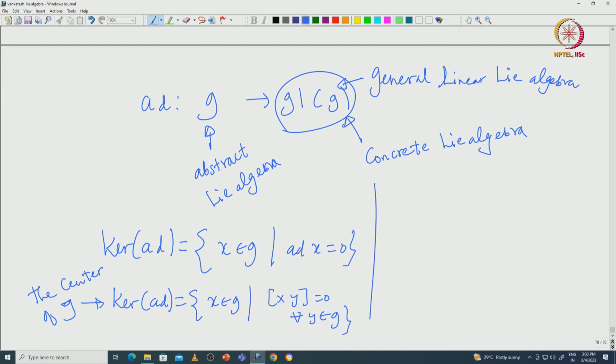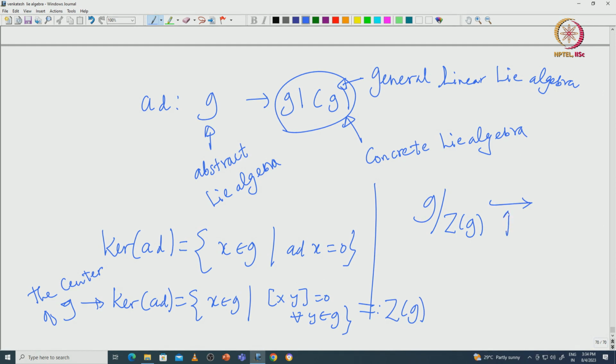And what one can prove immediately using the first isomorphism theorem is this: G modulo the center, usually we denote the center by Z(G). Okay. So, this is the definition of the center. If you go modulo this center, then this sits inside GL(G).